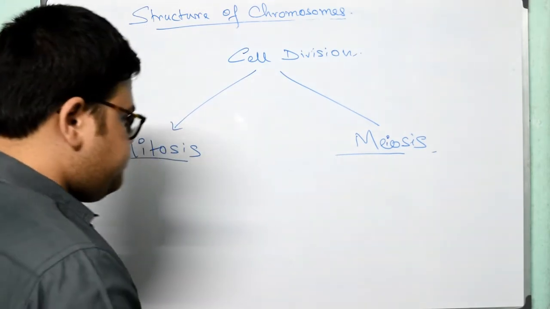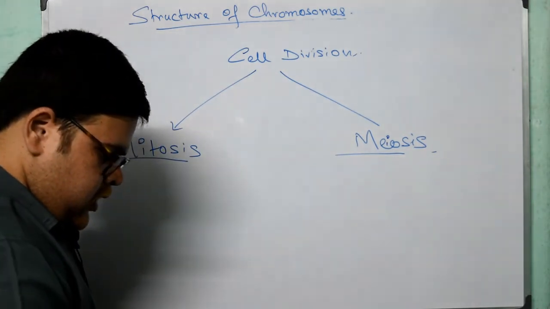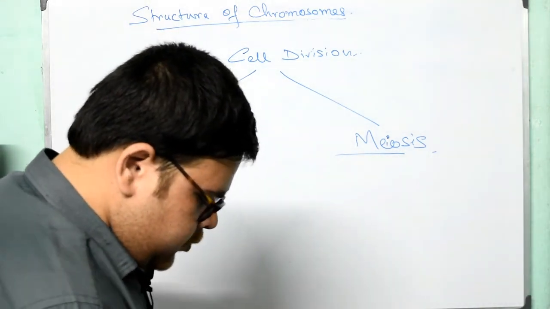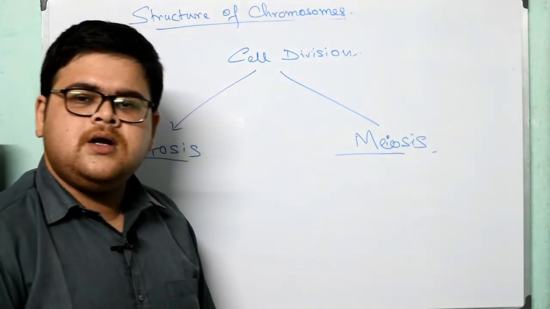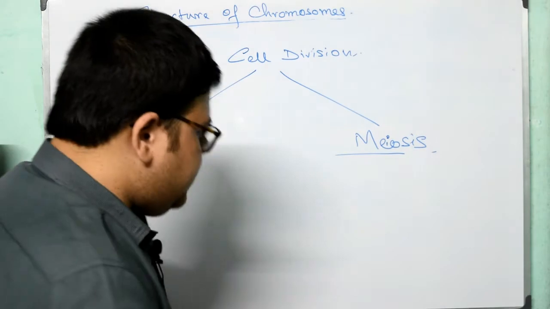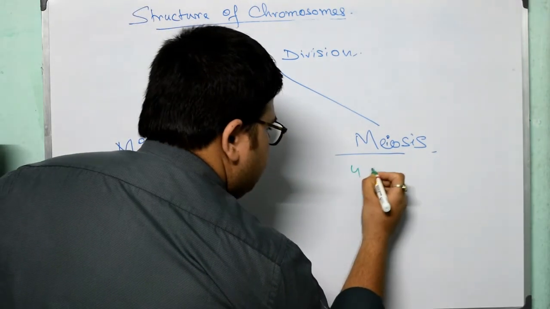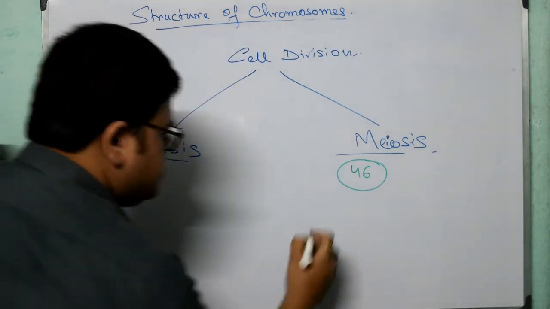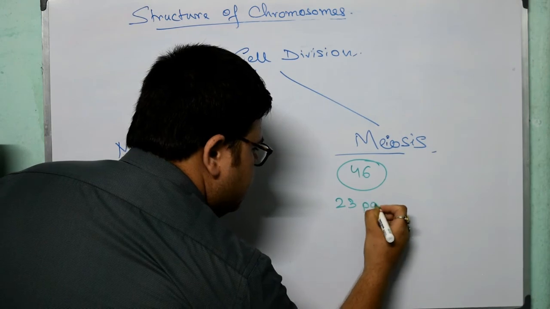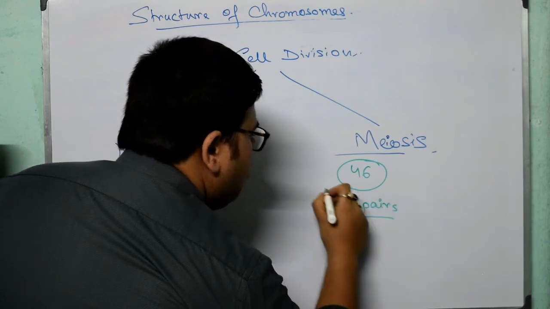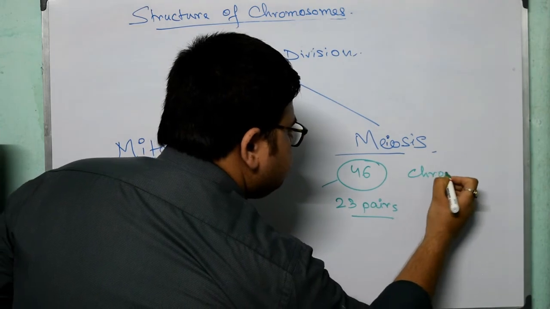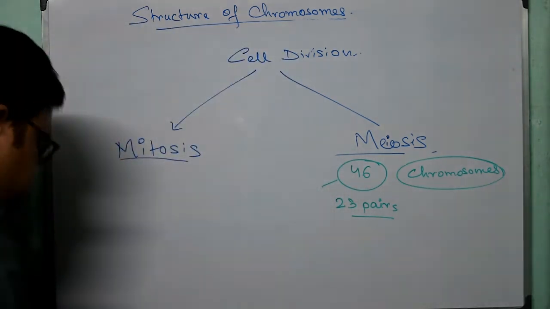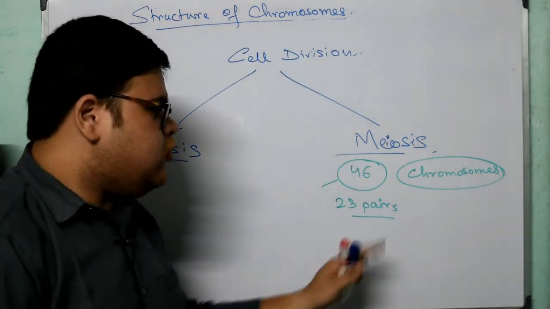Okay, so can you all tell me the number of chromosomes present in a human? That's 46, that is 23 pairs. These 23 pairs or 46 chromosomes are present in a human.